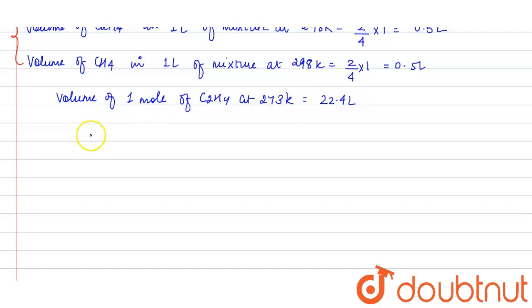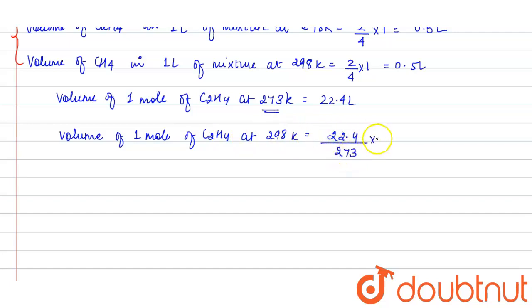But here our temperature is not 273 Kelvin, our temperature is 298 Kelvin. So the volume of 1 mole of C2H4 at 298 Kelvin will be equal to 22.4 divided by 273 into 298, and when you solve this you will get 24.45 liter. Okay, so here we will use this volume to calculate the number of moles.